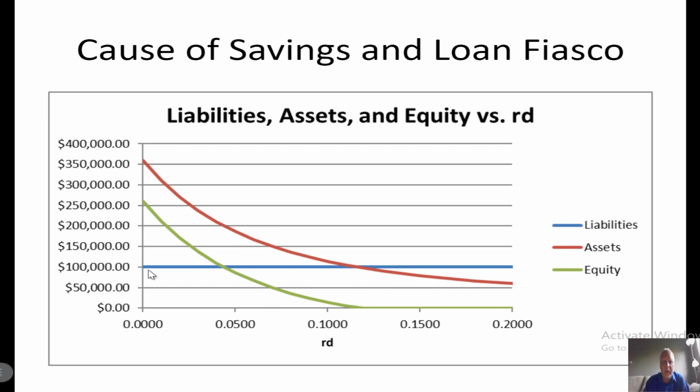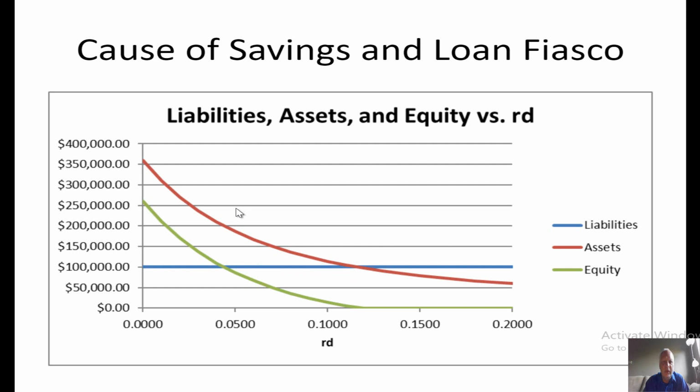The liabilities are the passbook accounts. You could have $100,000 in a passbook account at 5.5% interest. But if interest rates were allowed to go up, the principal is going to stay the same, and therefore the amount of liabilities associated with the bank stays the same, except you add some interest.